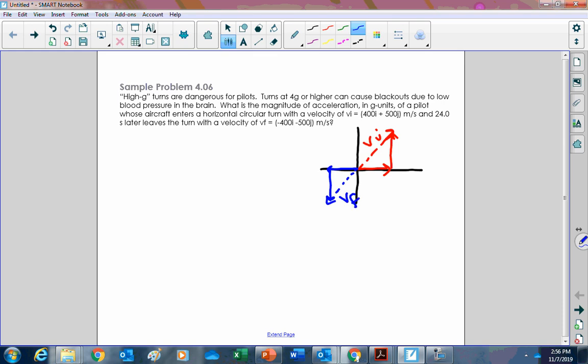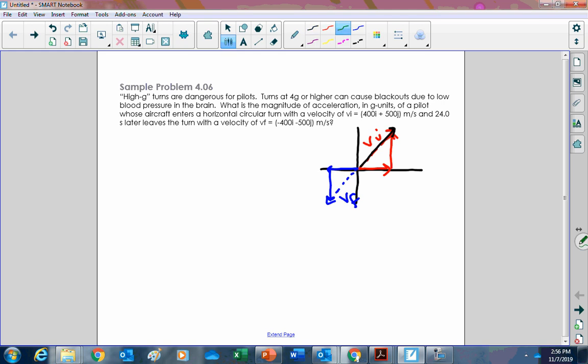But if we're trying to draw the path of the airplane, then we might have to scoot those. So let's just imagine, okay, this is the initial velocity. Well, that's tangent to the flight of the plane.